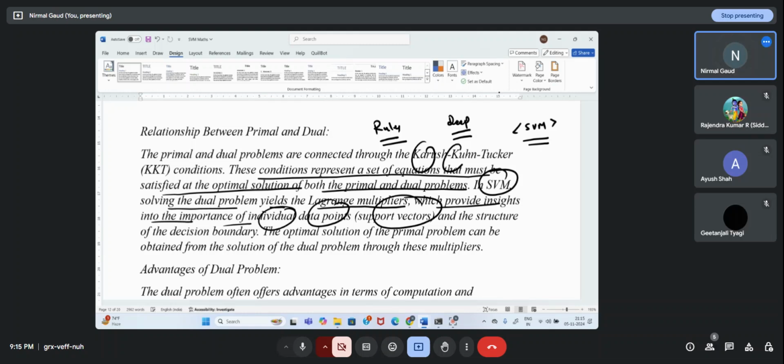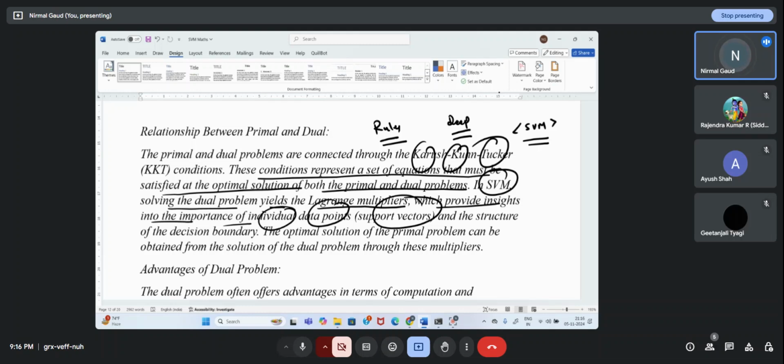So we can explore KKT a bit. I did tell you that these are the conditions, and we have to work under these conditions. Conditions could be the objective function and the constraints. That's what we have. We have the primal problem also. We have the dual problem also. Okay, fine.